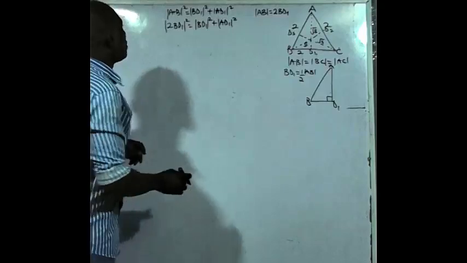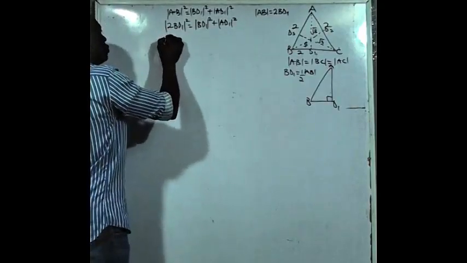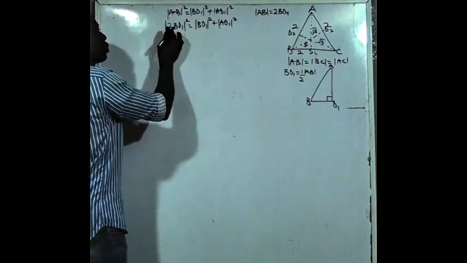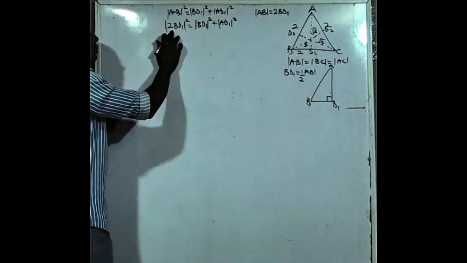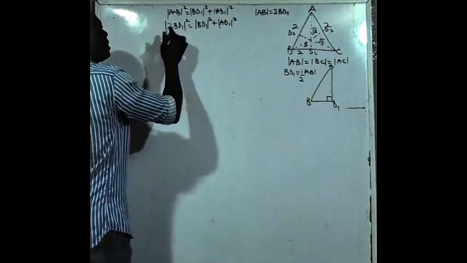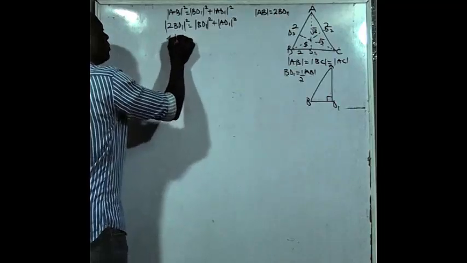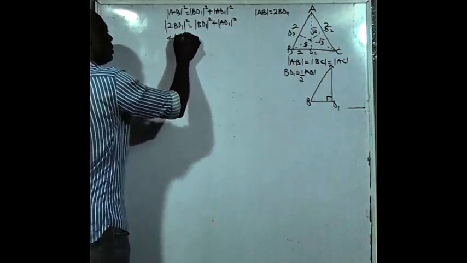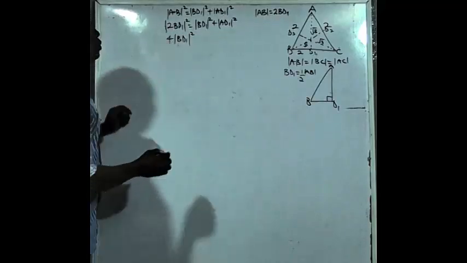If you square 2 BD1, we square each of the items within the bracket. So this becomes 4 BD1 square.